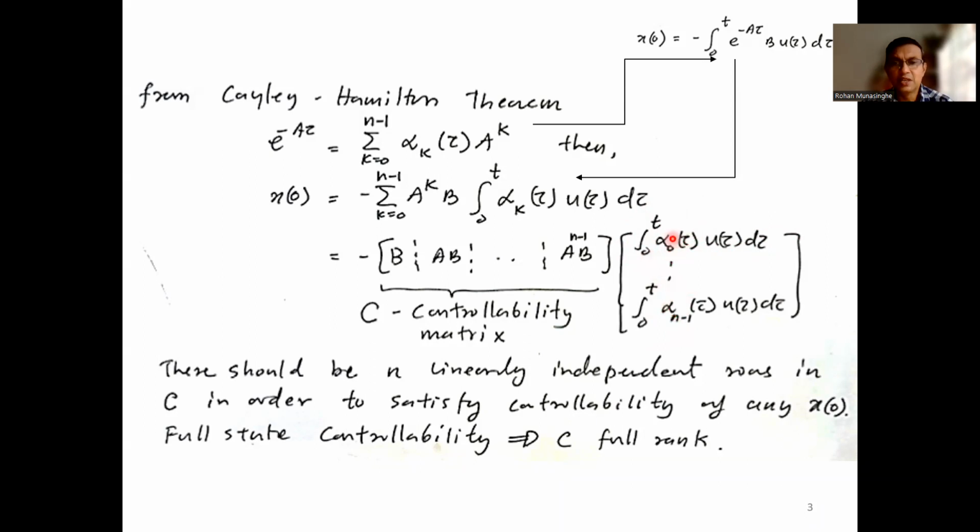Once you integrate, it is a single vector. What is in front of that is a matrix, and we call it the controllability matrix.